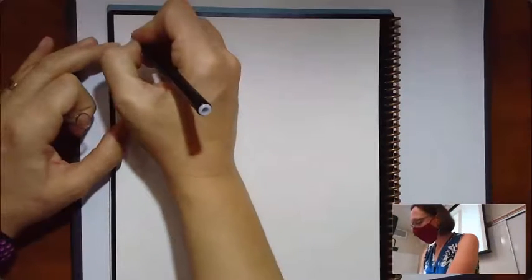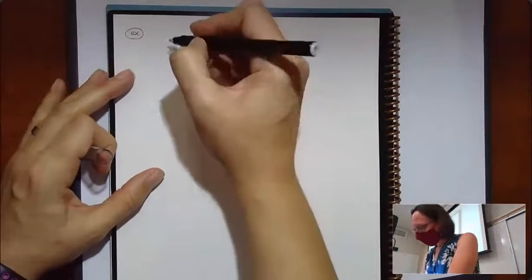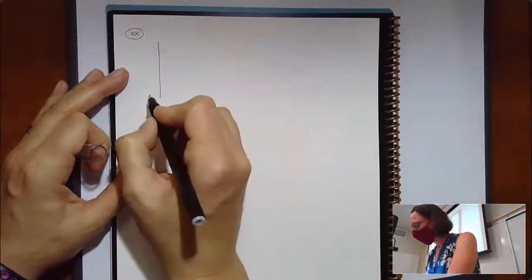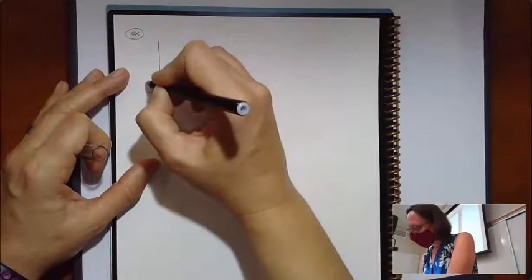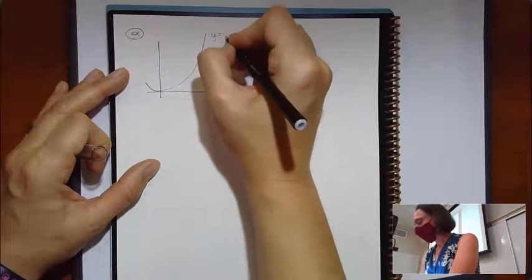Since he's been giving us pictures, I'm going to give you the picture, but it's still going to be a little bit messy. So that is y equals x squared.